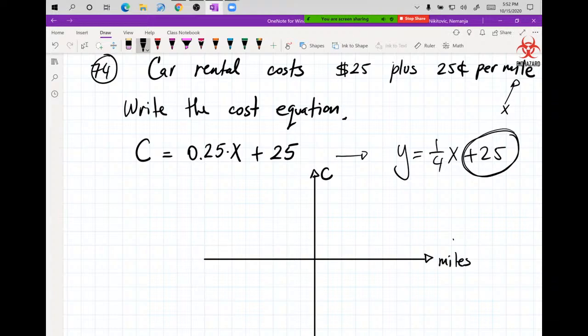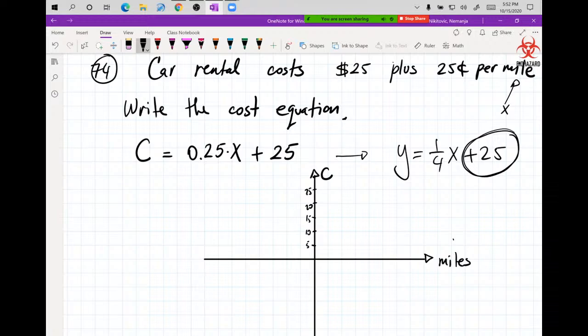And now you decide which way you want to have these divisions, and since we have a 25, we can either do 5s or 10s. Let's see if we can squeeze 5s. 1, 2, 3, 4, 5, 6. So there will be 5, 10, 15, 20, 25.